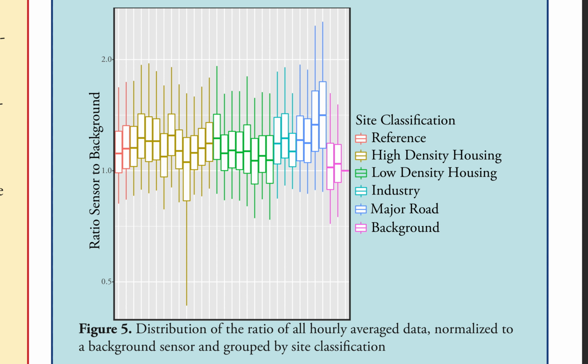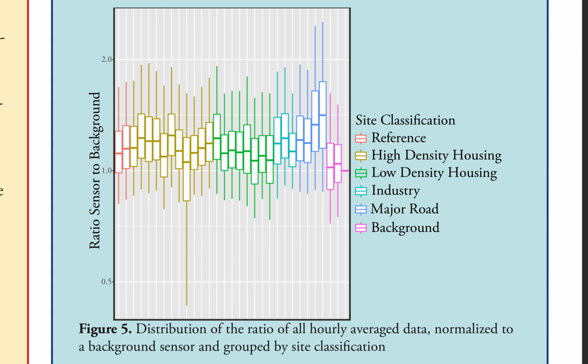Based on our co-location study conducted in June of 2019, the normalized root mean squared error of all of the sensors was 5.4%, meaning that if the ratio was greater than about 5%, it could be assumed that the sensors are measuring differences between the background sites and other locations, rather than just the sensor error.